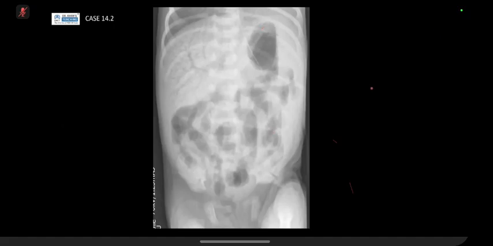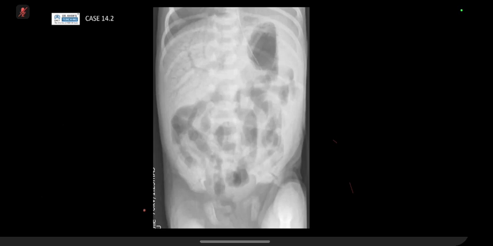In this frontal radiograph, I see there is bowel dilatation, as well as intramural lucency in the wall of the bowel, going with pneumatosis intestinalis. I see there is also gas going to the portal vein to the peripheral hepatic region.